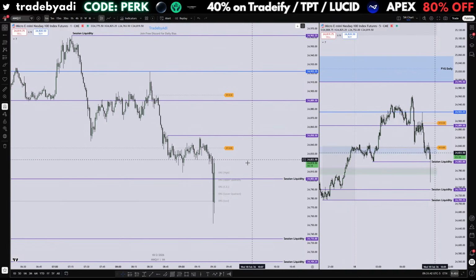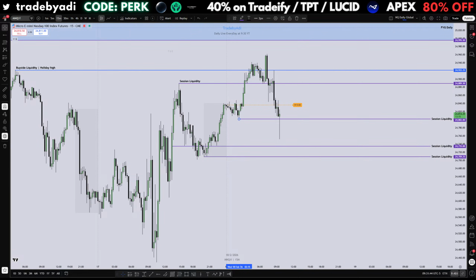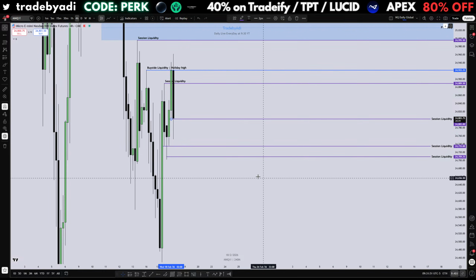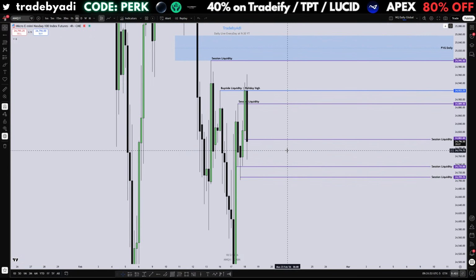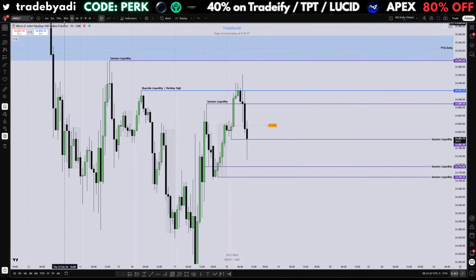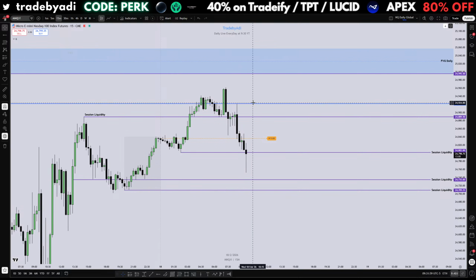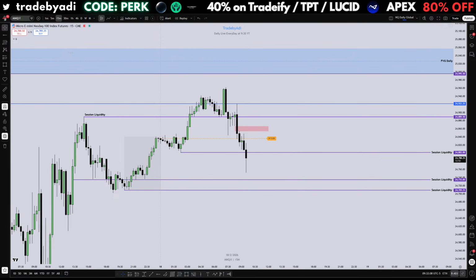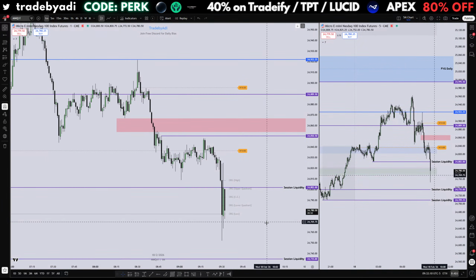And this is also the 4 hour FVG and order block. And this gap on the 15-minute.